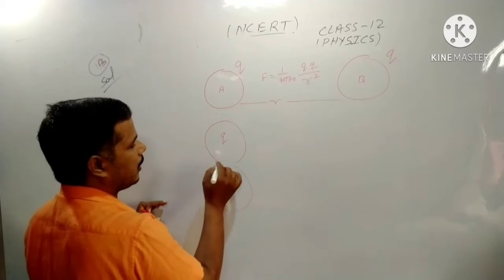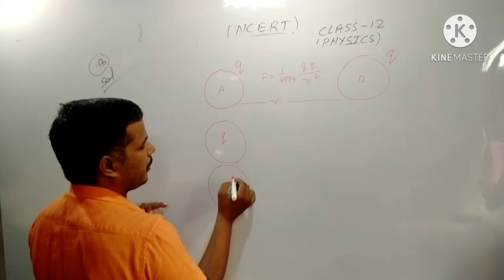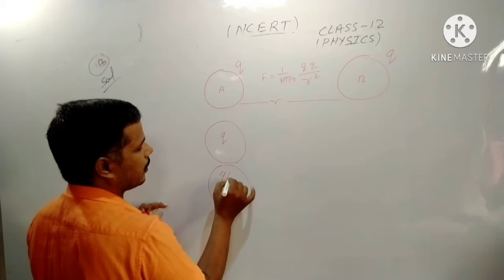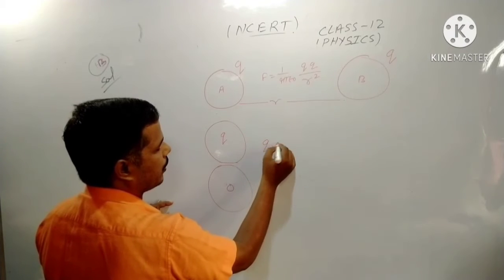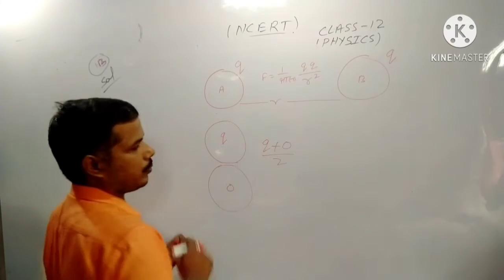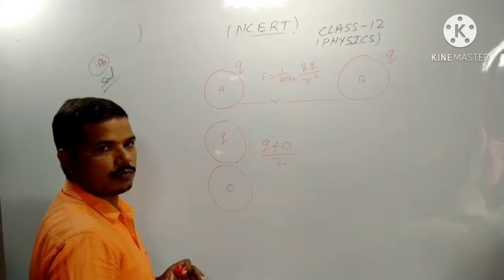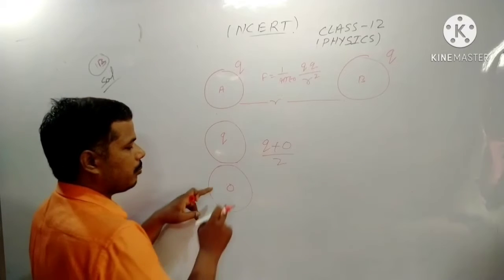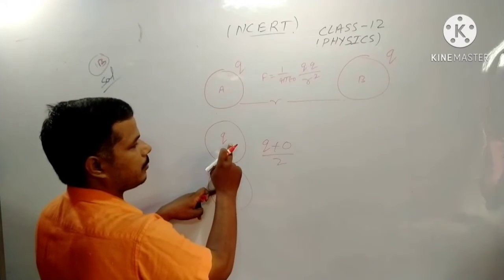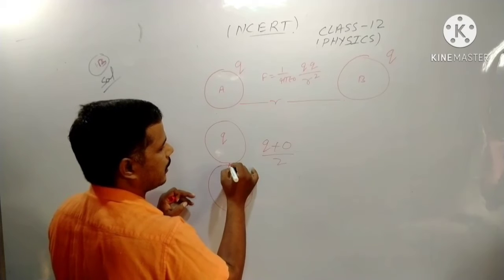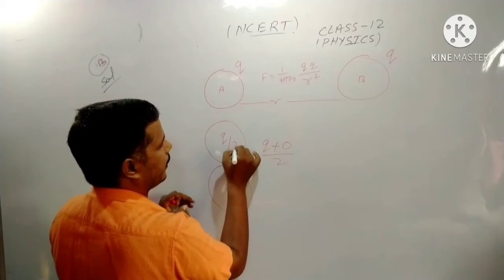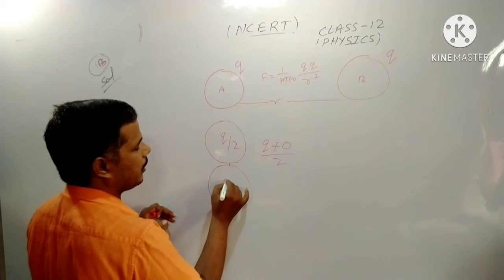Then here the charge will be Q plus 0 by 2. Because this is neutral and this has Q, तो दोनों पे सेपरेट चार्ज कितना हो जाएगा? Q by 2 and Q by 2.